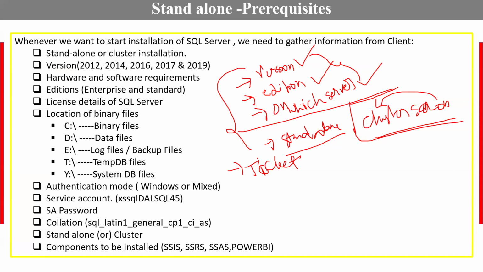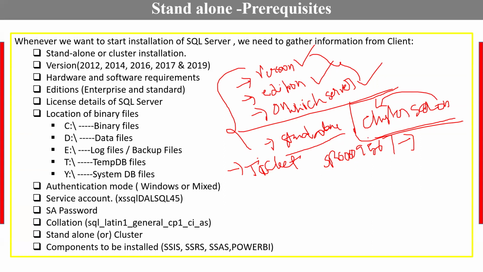You got a ticket, sir, SR 00009567. In this ticket, you got a request to install the SQL Server, and you or anyone assigning the ticket to you are working on it.